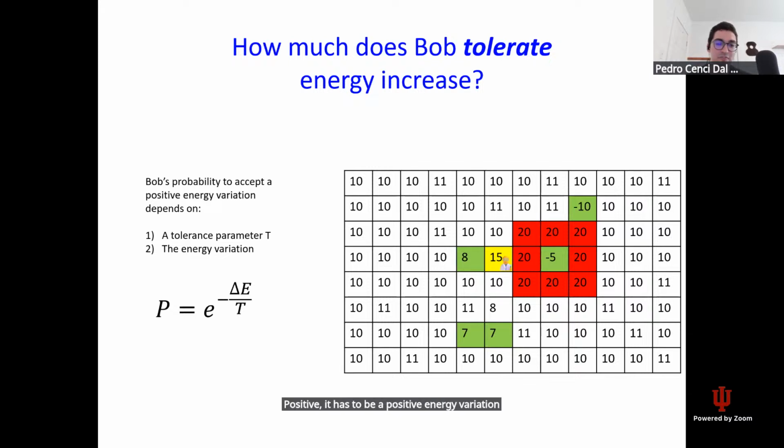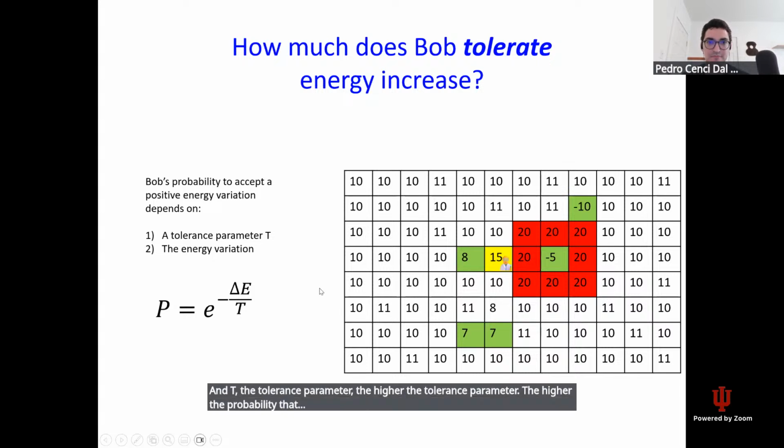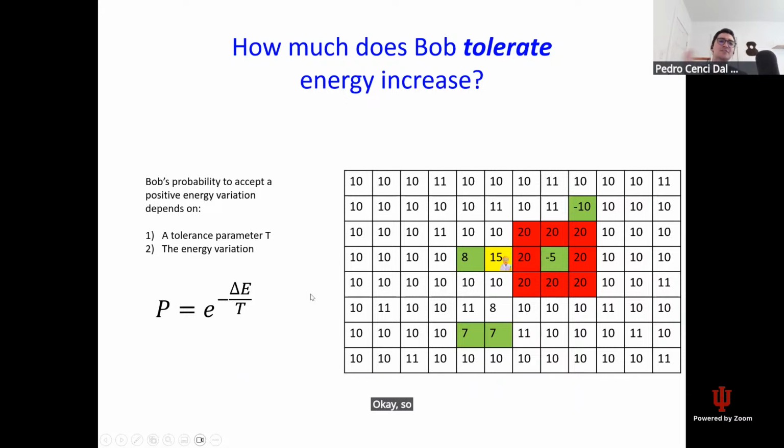The higher this variation, the lower the probability that Bob accepts increasing its energy. And for T, the tolerance parameter, the higher the tolerance parameter, the higher the probability that Bob increases its energy.